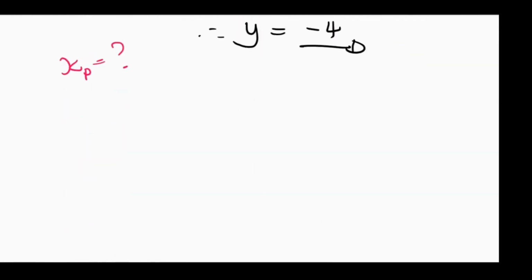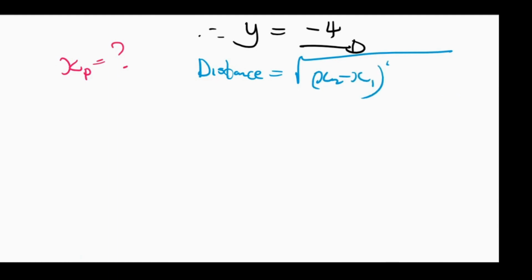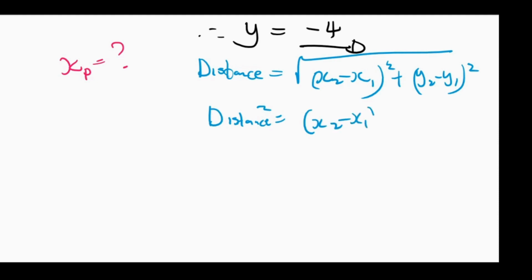We know the formula of a distance is equal to the root of x2 minus x1 all squared plus y2 minus y1 all squared, right? If I write it in terms of distance squared, it's going to be x2 minus x1 squared plus y2 minus y1 squared, right?